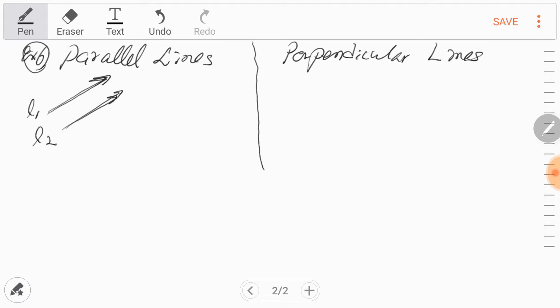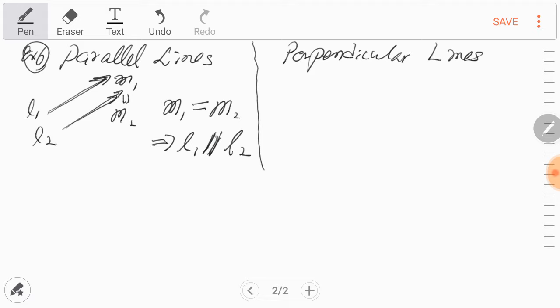The equations of line 1 and line 2 are parallel if the slope of the first line is equal to the slope of the second line. Let's say M1 is the slope of the first line. Then this slope has to be the same as the slope of the second line. Then the 2 lines are parallel. This is a parallel symbol.